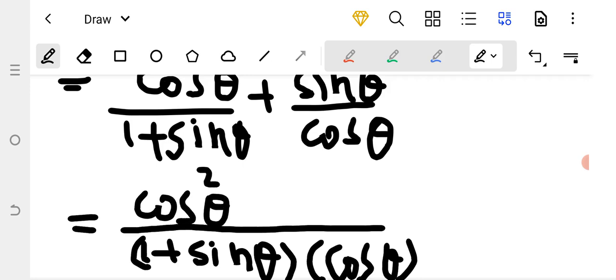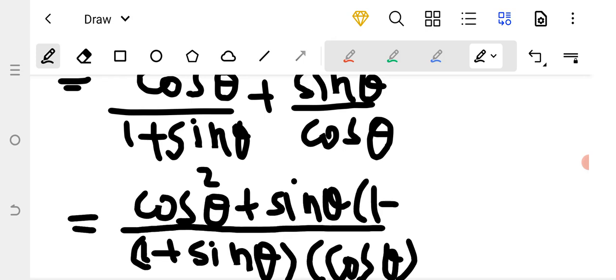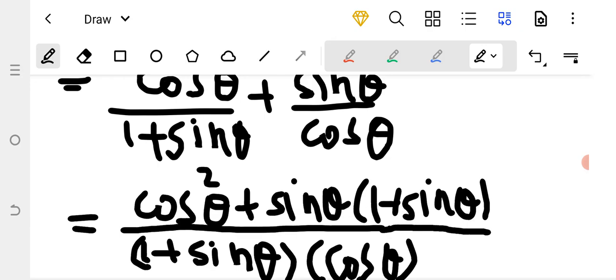Cos theta into 1 plus sin theta cos theta is going to be 1 plus sin theta. 1 plus sin theta multiplied by the numerator, which is sin theta, will be plus sin theta multiplied by 1 plus sin theta. So that's how it would look.